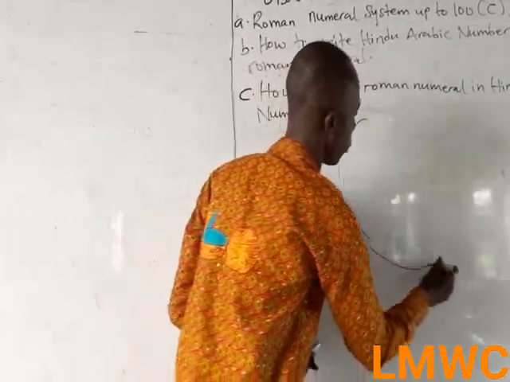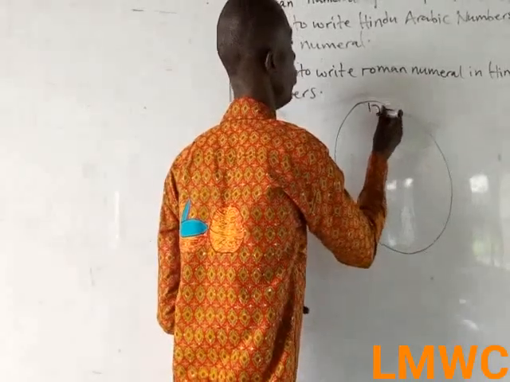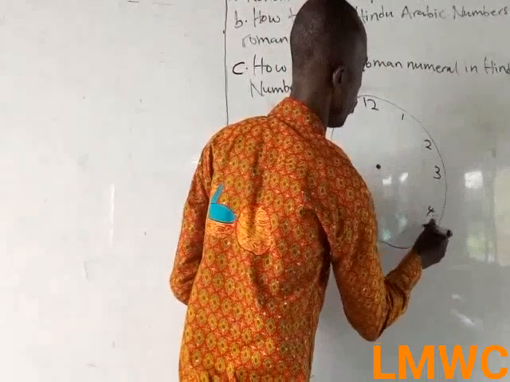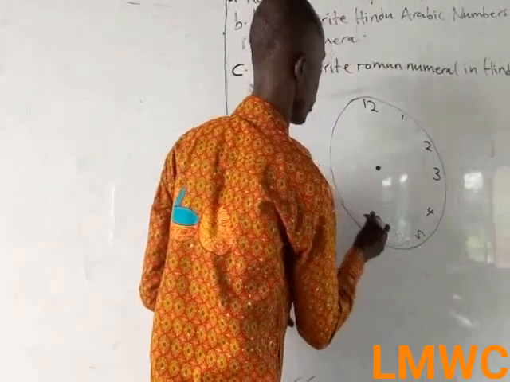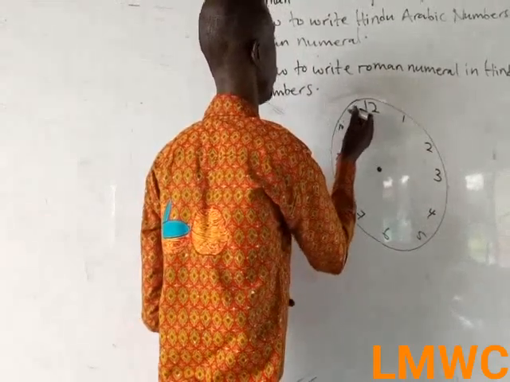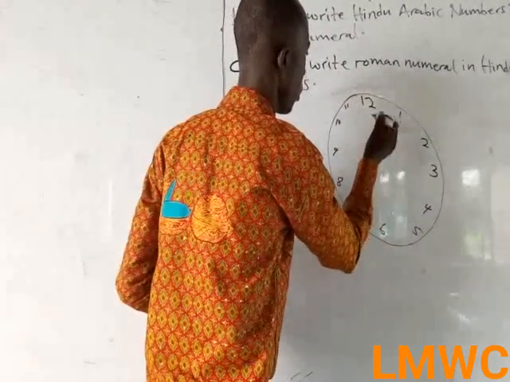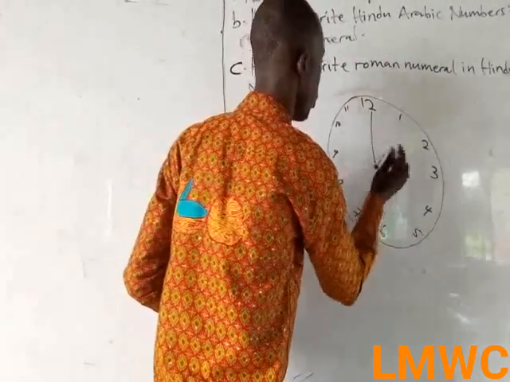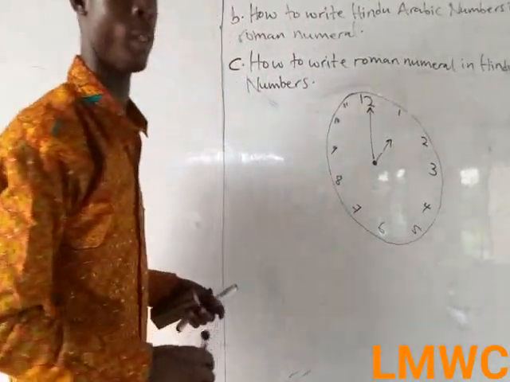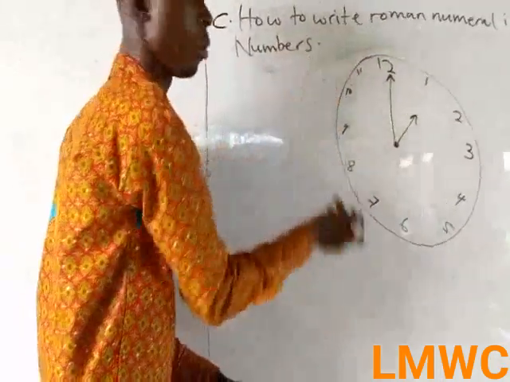Let me take this clock. We know that we are having 12, 1, 2, 3, 4, 5, 6, 7, 8, 9, 10, 11. If I ask you to easily tell me the time, you can say the time is 1 o'clock.